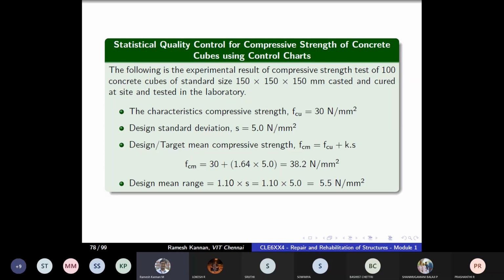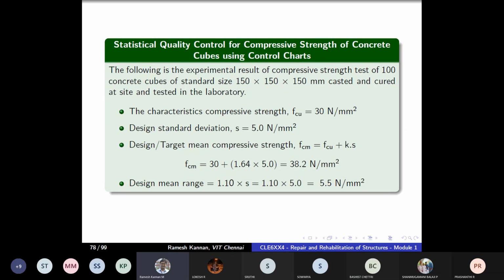And the design mean range, this is a pretty new term. Probably this is what makes Sievert's control chart a little different from other kinds of control mechanisms. If you recall the control limits we developed, the upper control and lower control limits, those are another metric which doesn't consider the design mean range, whereas in the control chart the design mean range is very essential.